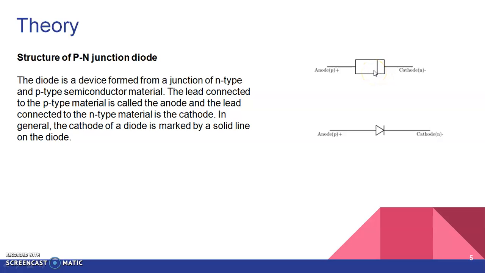The lead connected to the P-type material is called the anode, and the lead connected to the N-type material is called the cathode. In general, the cathode of a diode is marked by a solid line on the diode. So this is the diode symbol, and the vertical line is for the cathode.